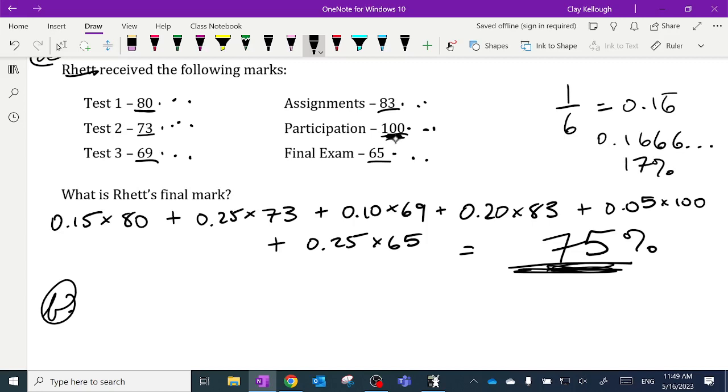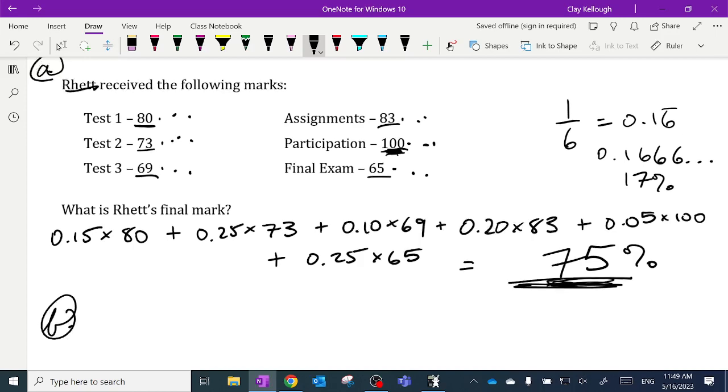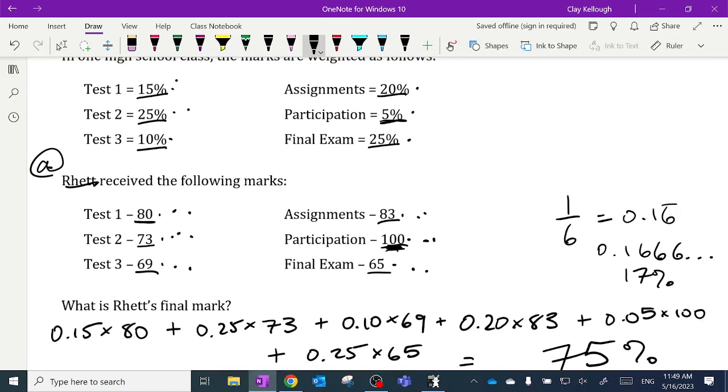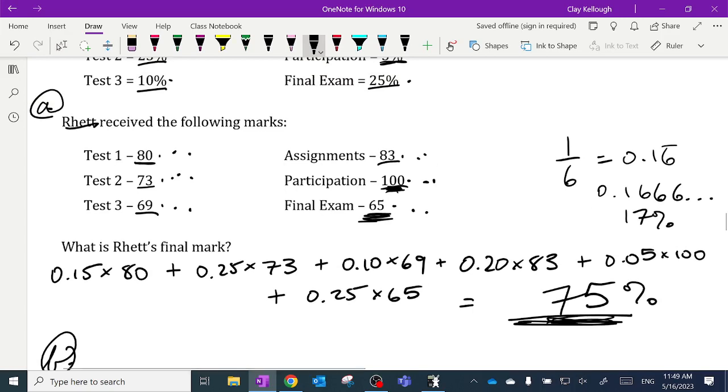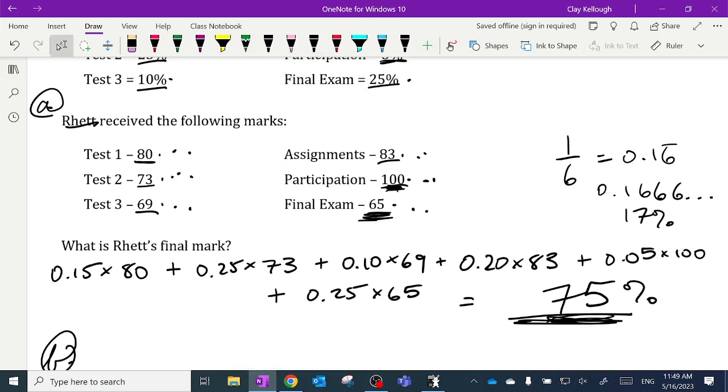So this would jump up to being 17% right now. It's only 5%. On the other hand, my worst mark of the year was my final exam. That would actually be worth less in this scheme, 17%. So what do you think?